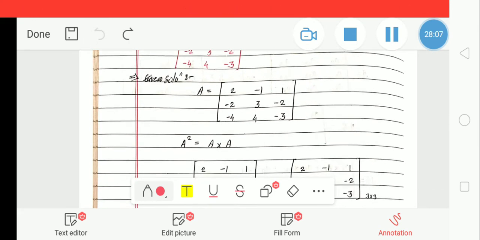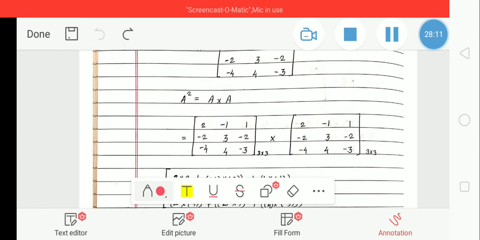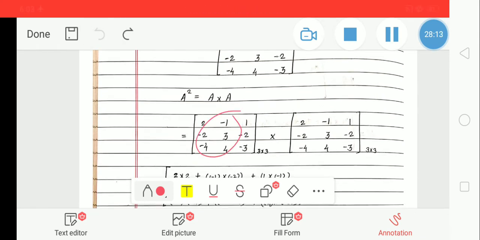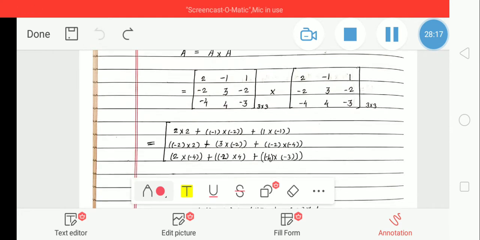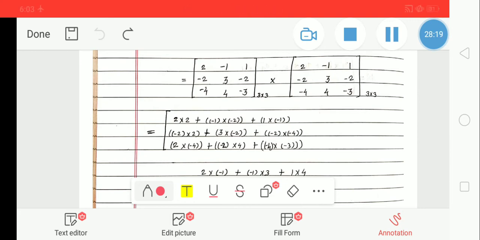So given matrix A, now A square is equal to A cross A, so here also matrix A and here also matrix A. Now we take the first row and first column, so 2 multiplied by 2, minus 1 multiplied by minus 2, 1 multiplied by 4.